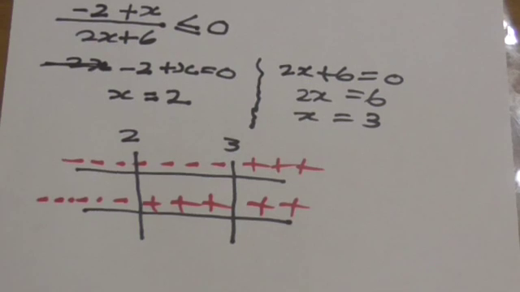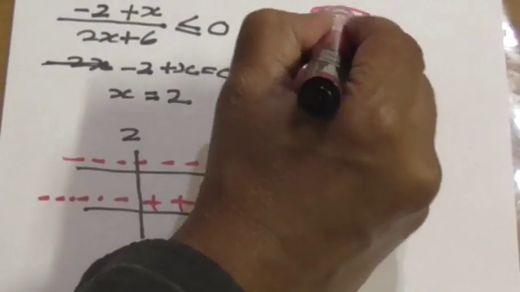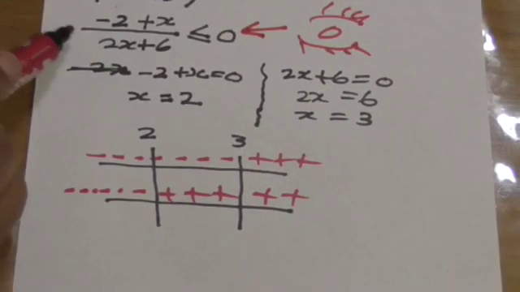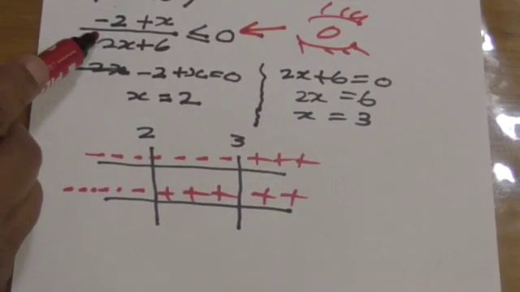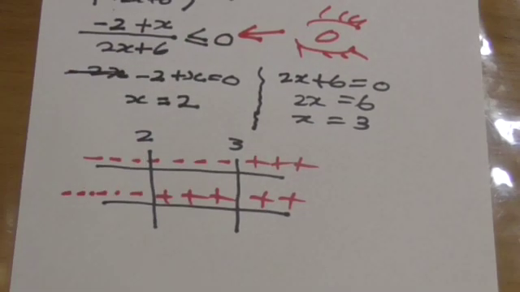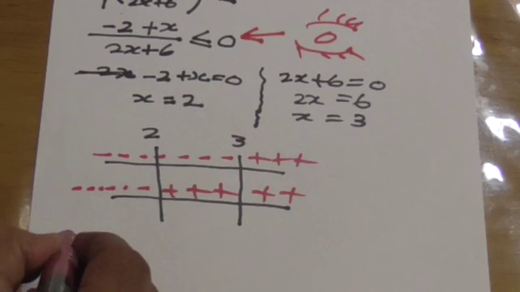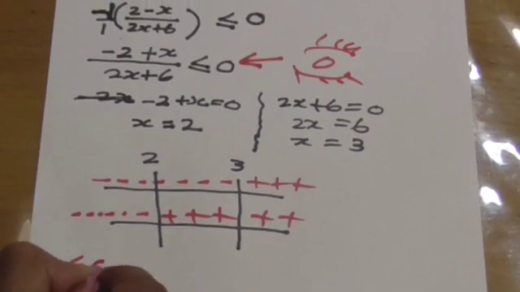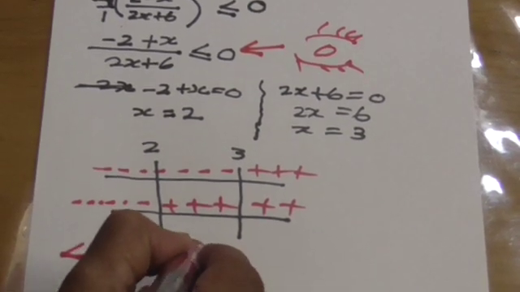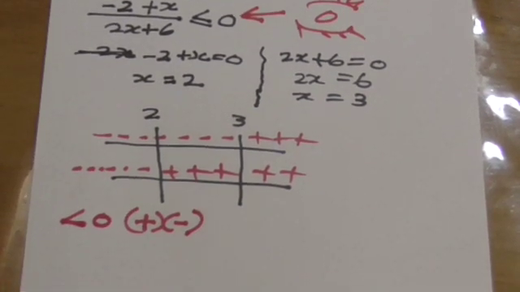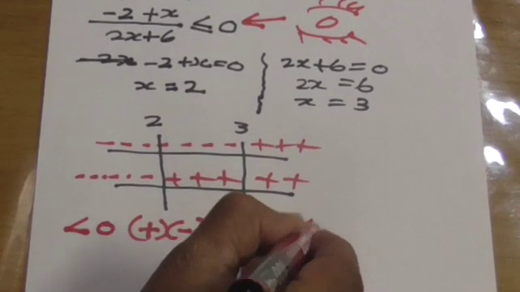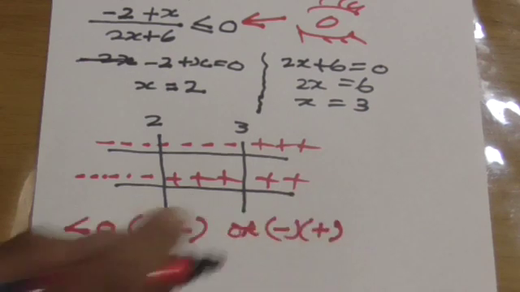Now we are looking here. We are looking here because we simplified the question for our benefit. We are looking at this part here. Now we're looking for less than 0. Less than 0 means plus times a minus, or a minus times a plus.